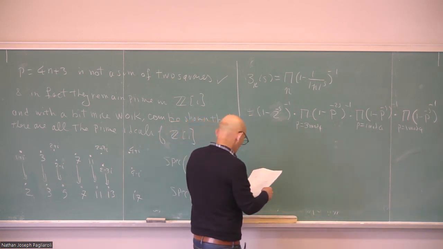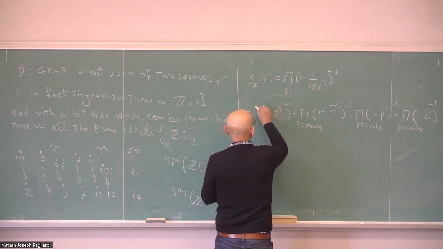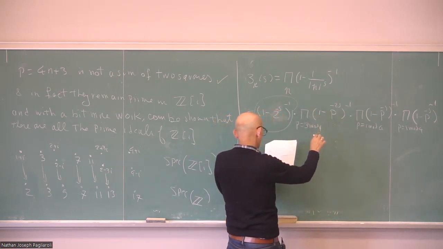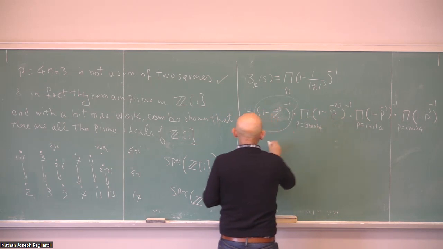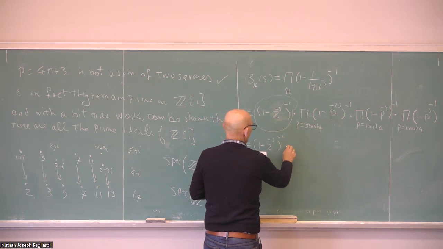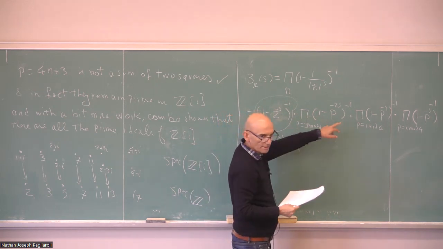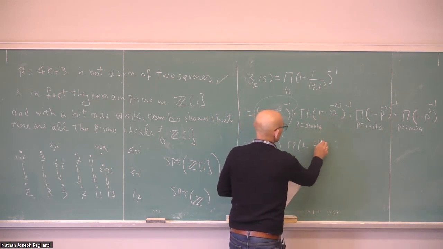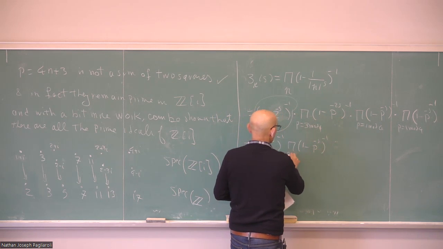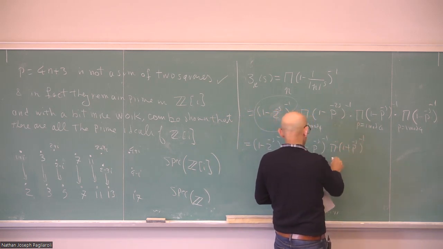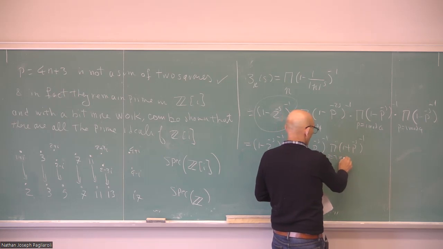Now what we can do, I can take this bit with this bit. Let me write it again before going too fast. (1 minus 2 to the minus s) to the minus 1. The product, of course, I can write as (1 minus p to the minus s) to the minus 1 over p equal to 3 mod 4, times the product of (1 plus p to the minus s) to the minus 1, p equal to 3 mod 4.